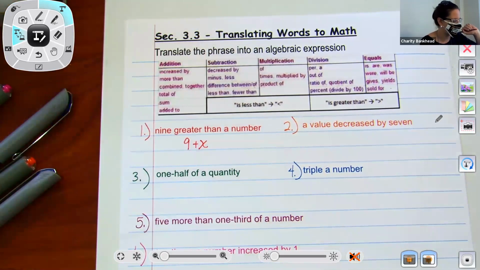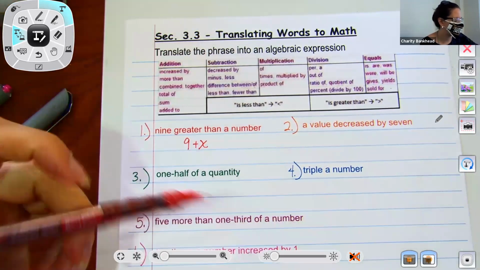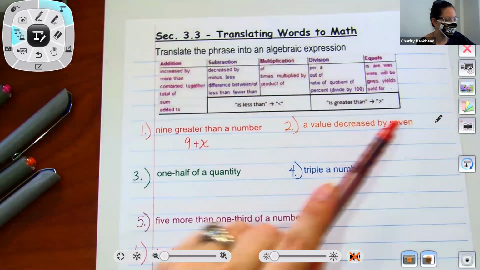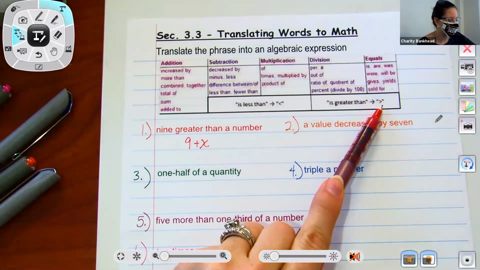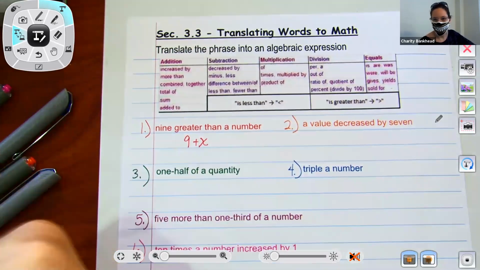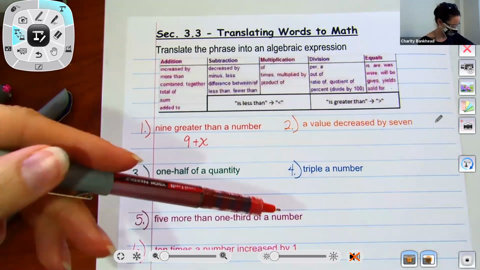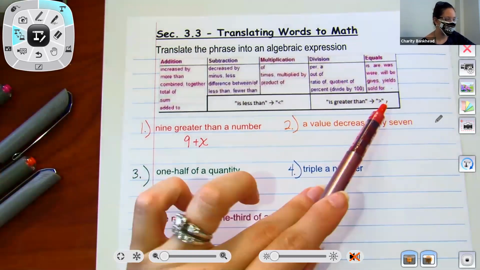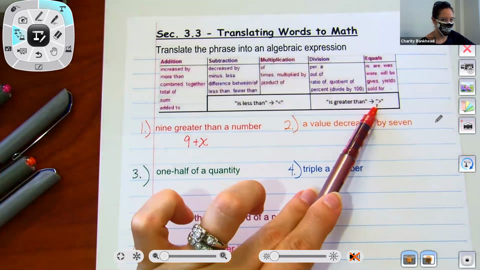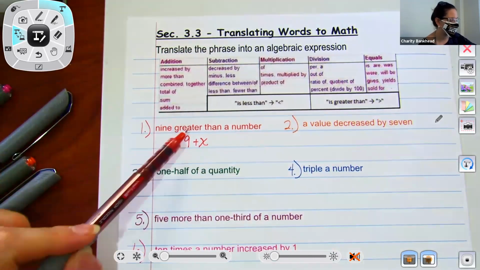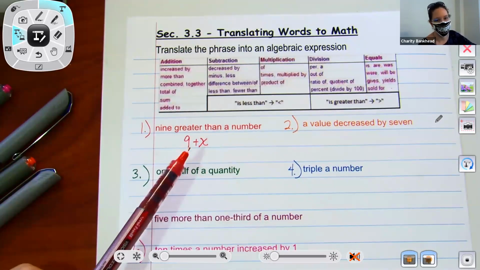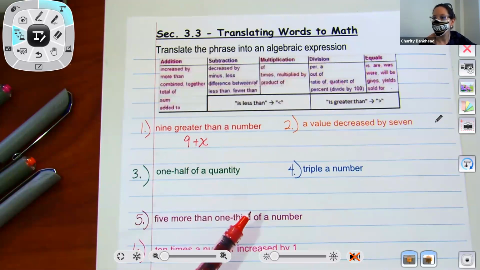A lot of people mistakenly think it's like a greater than symbol, but we're not even going to have anything like that in this section. 9 is greater than would be an actual greater than symbol, but if it just says 9 greater than a number, that just means 9 plus X. All right.